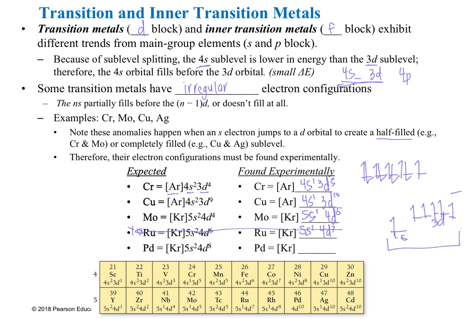But even palladium, so the higher we go up in energy, the even more squished they get. So now something like 5s2, 4d8 would actually end up turning into 5s0, which means you don't even have to write it, 4d10. So both electrons in the s orbital are able to bump over, because that's just that much more stable when it's like that.